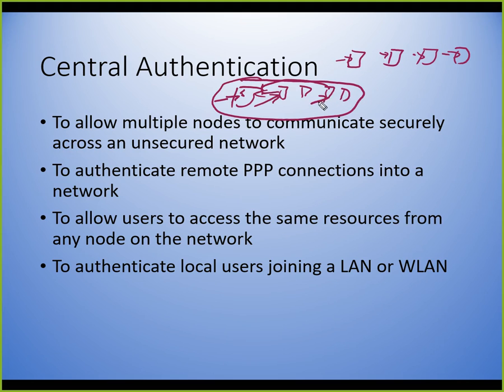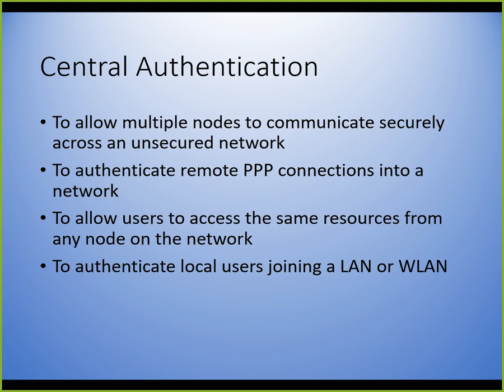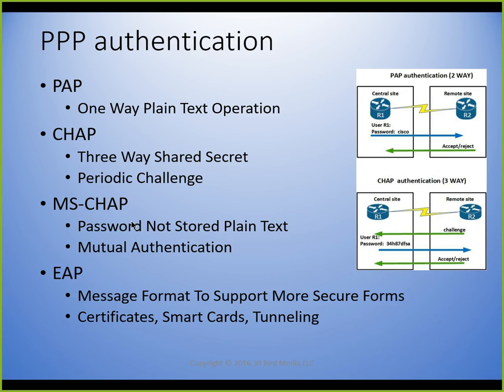So what I can do, and this is the authorization part, what can we get to once we get authenticated? The central authentication authenticates us, and then it gives us a ticket that tells what we are allowed to do while we're on the network.